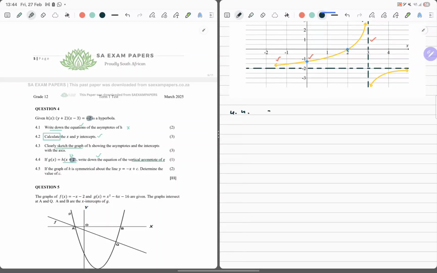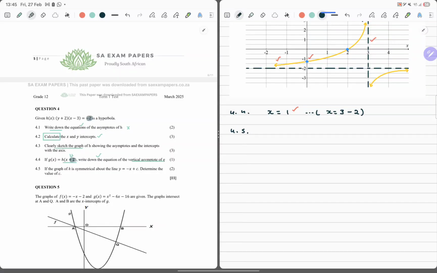So we know that x is going to be equal to 3 minus 2, which is 1. And for those who don't know, I will take x equal to the first asymptote from the original, and then to move this to the left 2 units, I'm going to subtract 2. Okay, so this is an answer which is very easy to get.